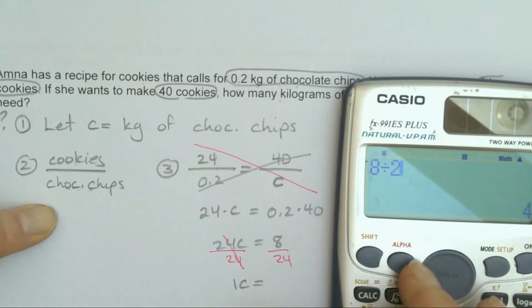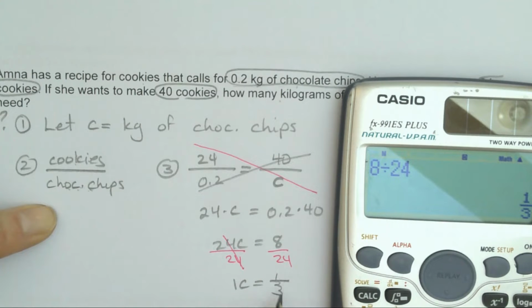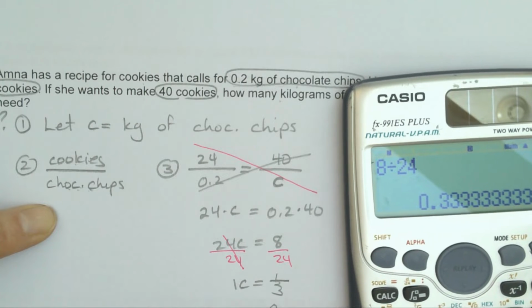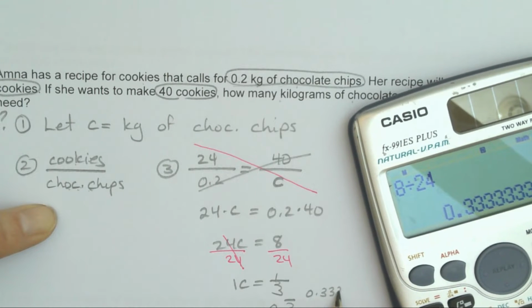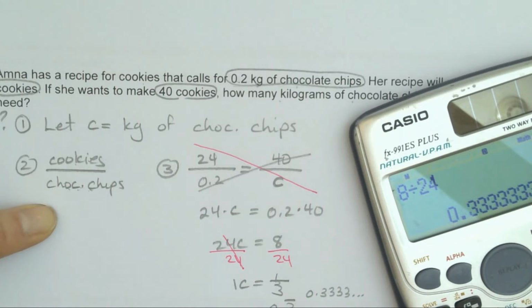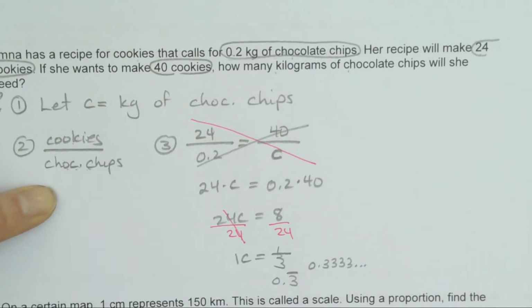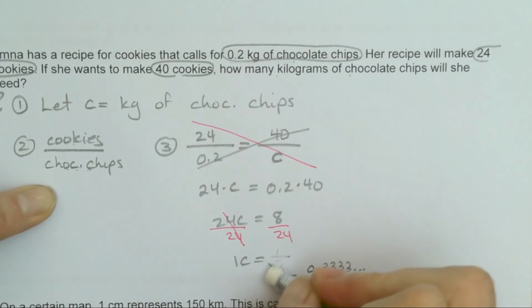Oops, I forgot my 4. 1 over 3, 0.3 repeated, 0.3333 repeated. Okay. Let's make that nicer so you can see it. 1 over 3.